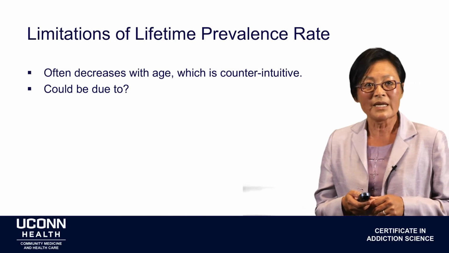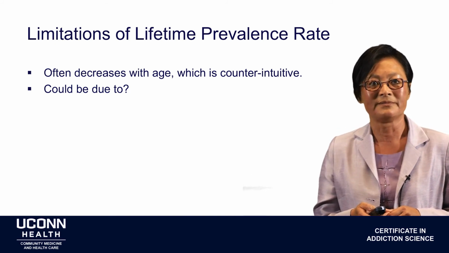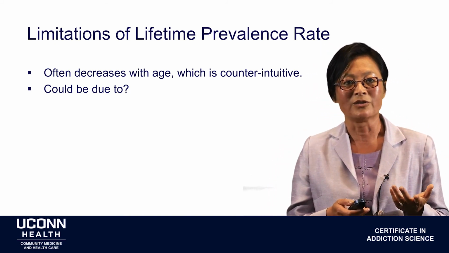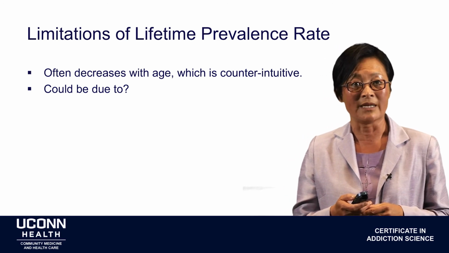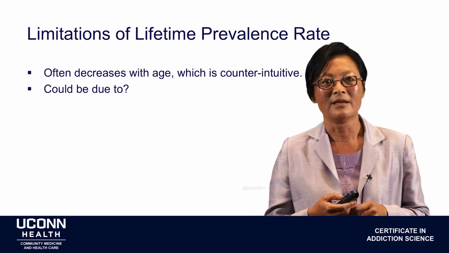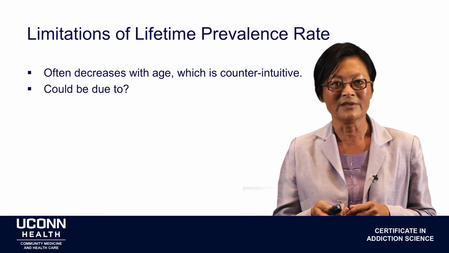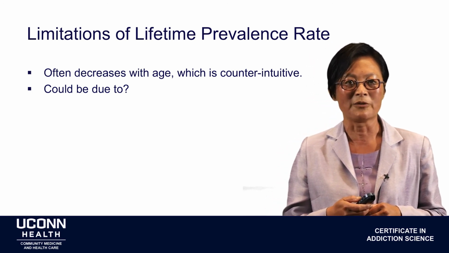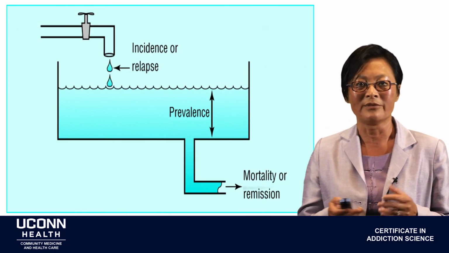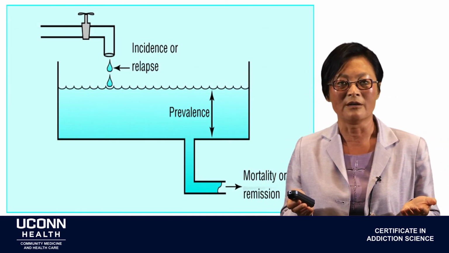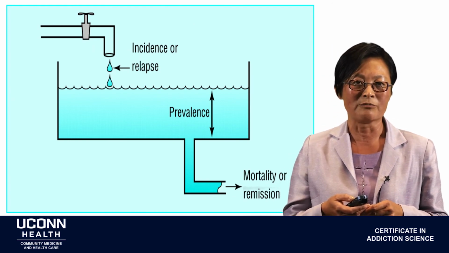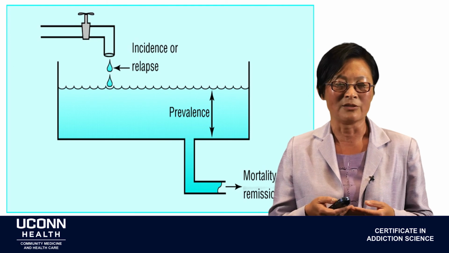So what are the limitations of a prevalence rate? It often decreases with age, and there are a lot of reasons for that. In summary, this is a very intuitive illustration of incidence.